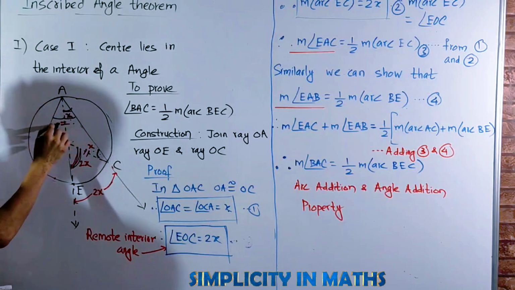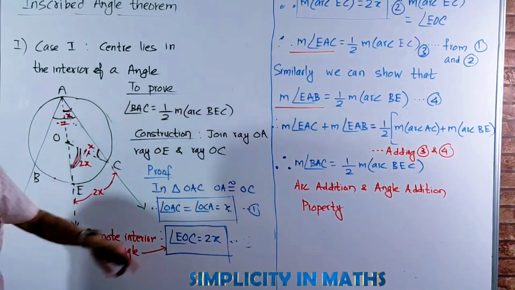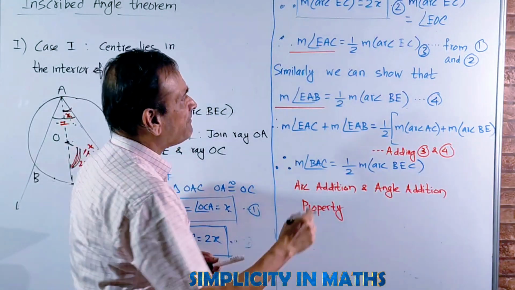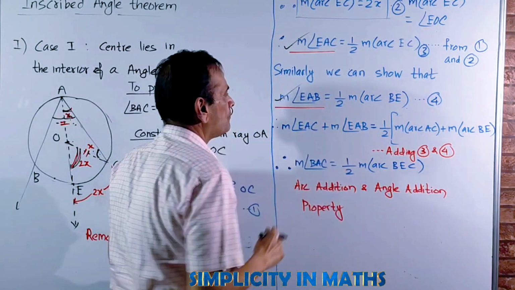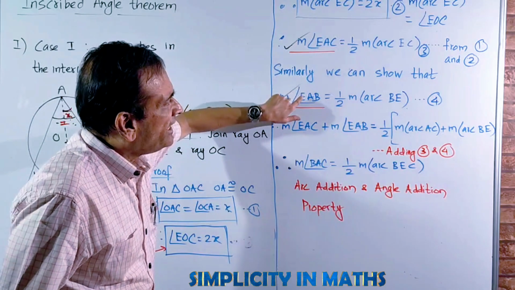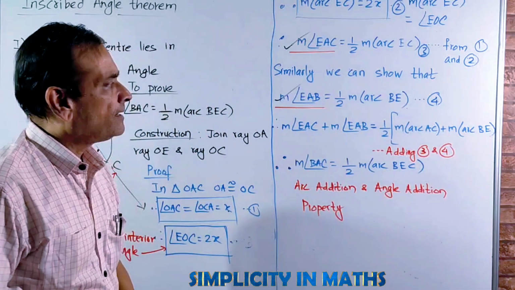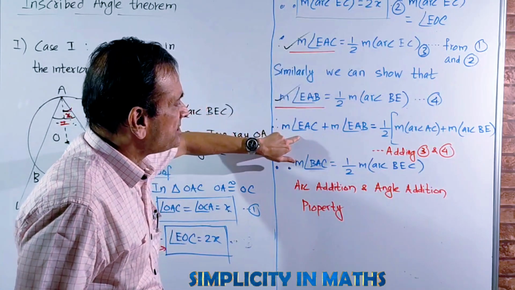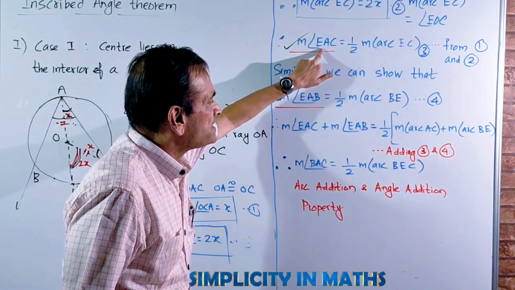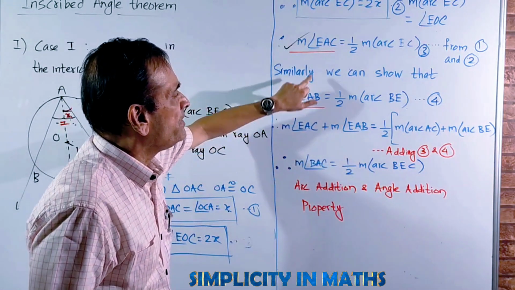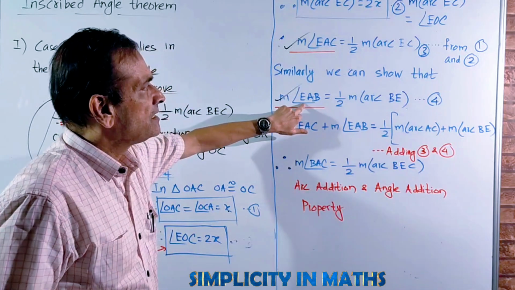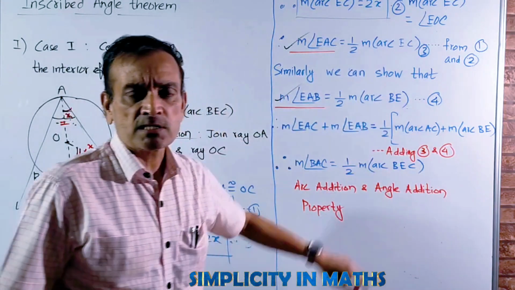Now you just have to add both the angles. Adding equations 3 and 4. That's the reason I have underlined here. I am adding equation 3 and equation 4. How do I add? LHS plus LHS: measure of angle EAC plus measure of angle EAB. LHS plus LHS is equal to RHS plus RHS.